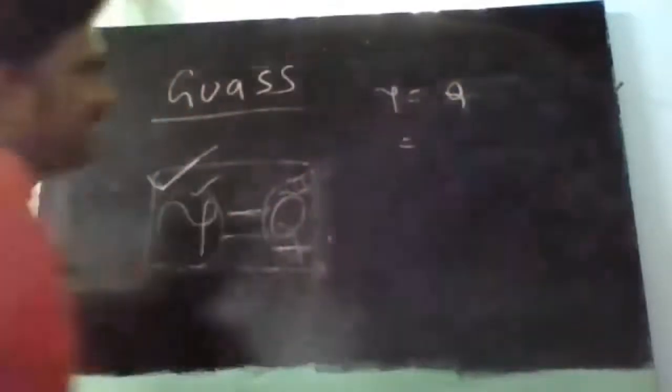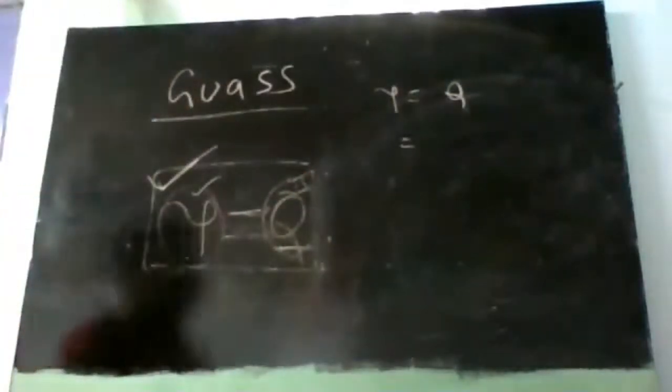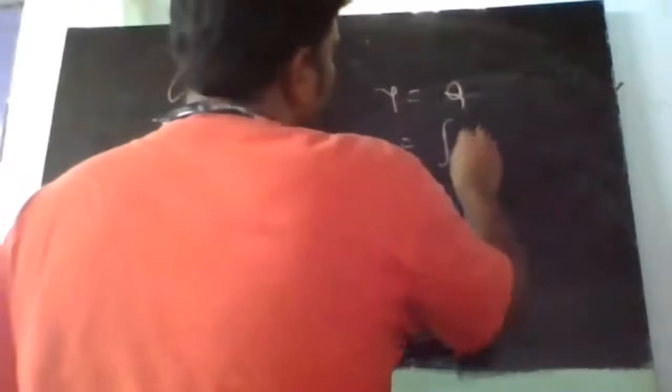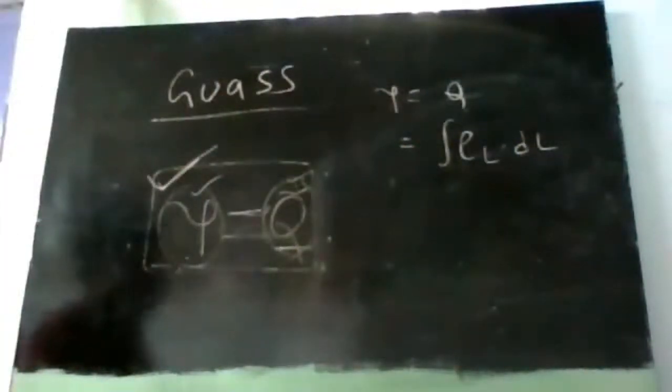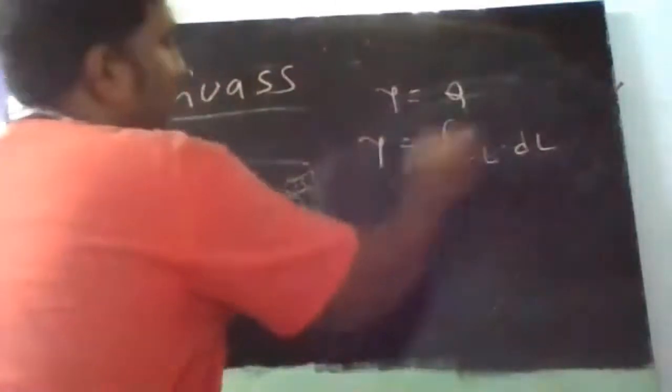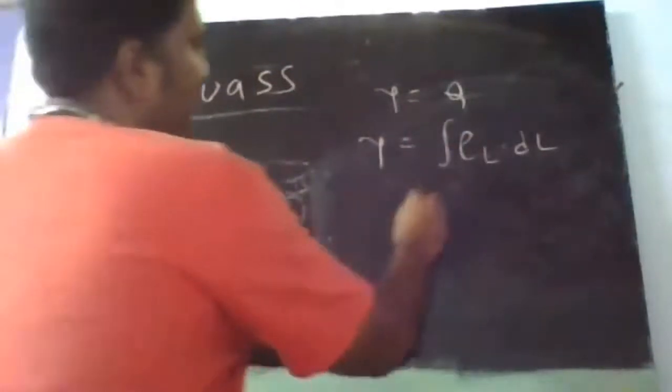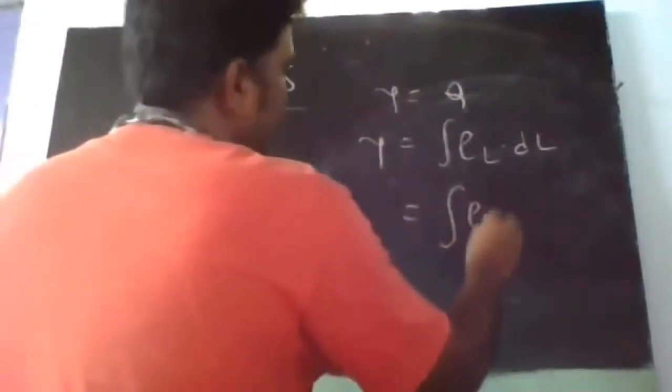So the important relation that we have to use is psi is equal to q. If this is a point charge, psi is equal to q. If it is a line charge, we know that q can be written as rho l dl, so psi will be equal to rho l dl. For surface charge, it will be rho s ds.